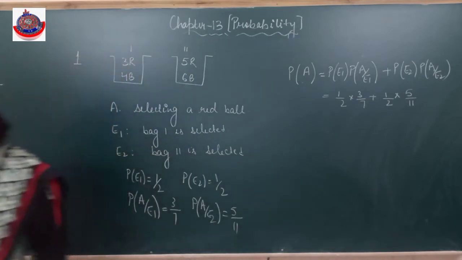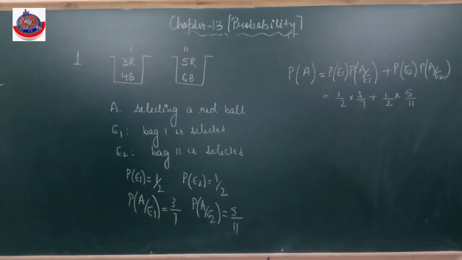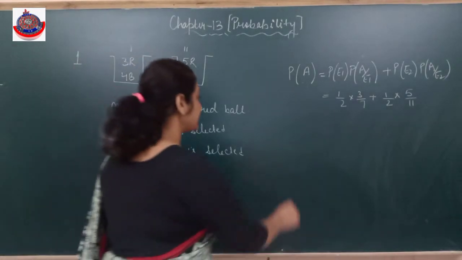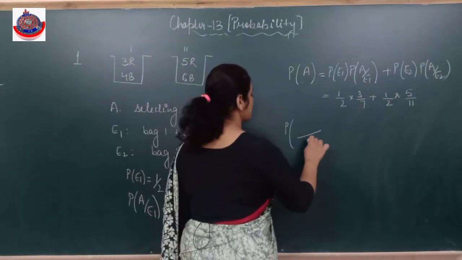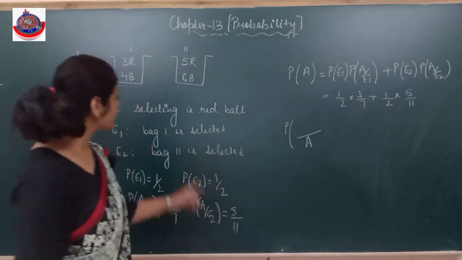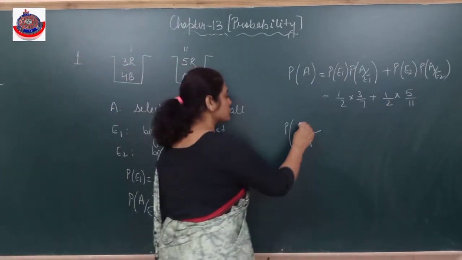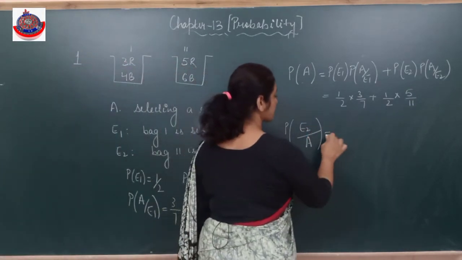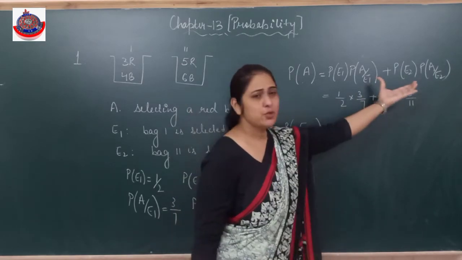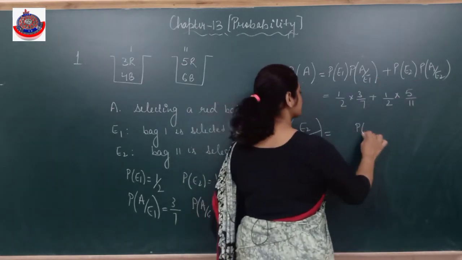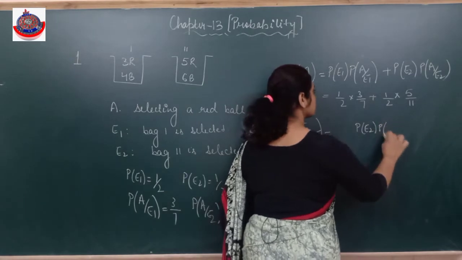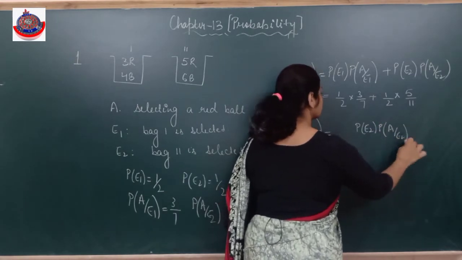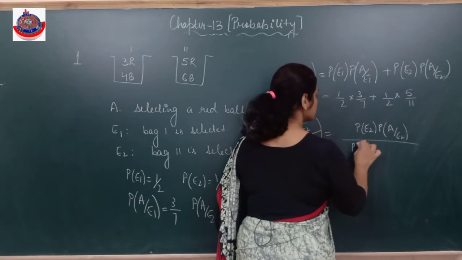Alright, so I got the probability of A. Now what are they asking me? We have got the ball, find that it is from bag 2. I need to find red ball को हो गई select. I have to find out that it is from bag 2. What did I say? E2 वाला portion ऊपर, divided by total.